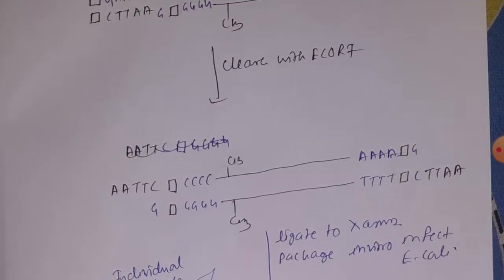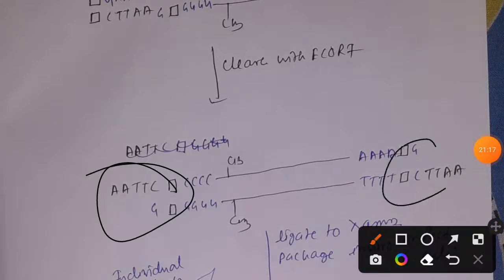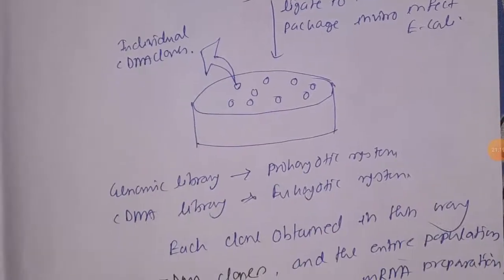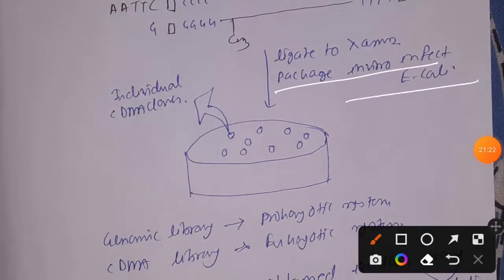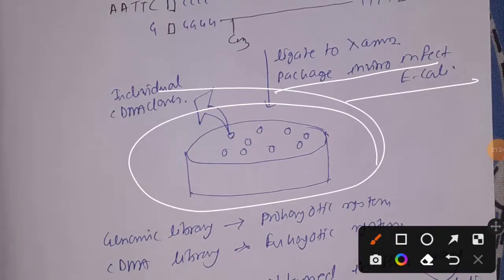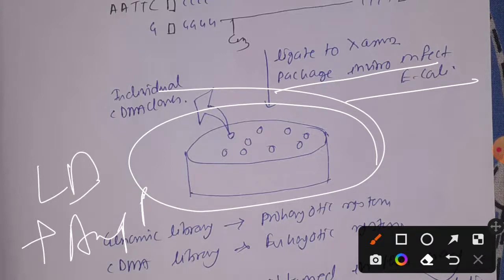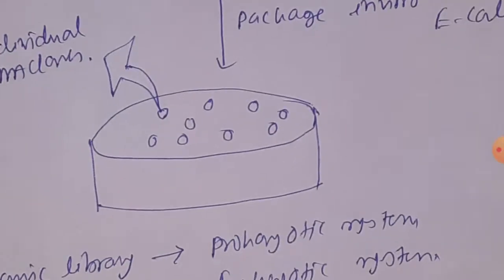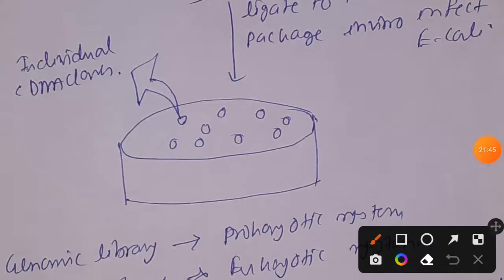So now we have our staggered ends, right, and we will ligate them into lambda arms and package in vitro, and we infect E. coli cells with the help of that kind of vector containing the gene of interest. By plating those E. coli on an LB agar medium containing an appropriate antibiotic, let's say ampicillin, we can construct the cDNA library, which will consist of a set of different recombinant clones.